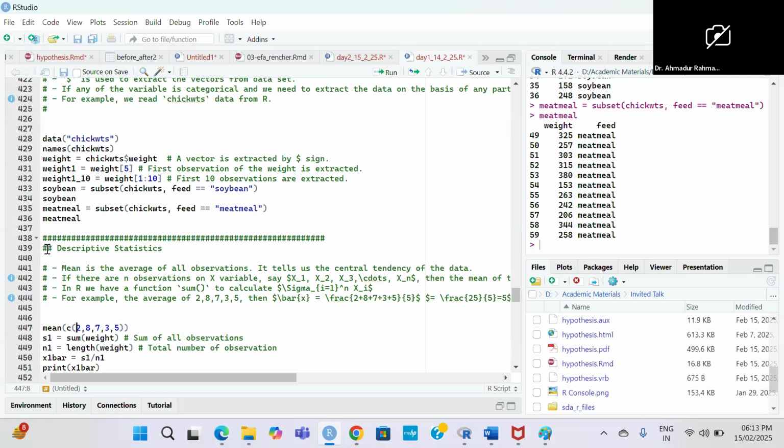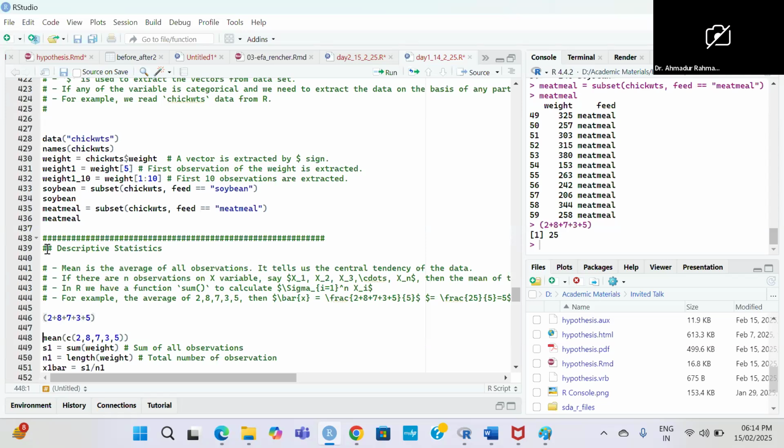Just suppose we want to calculate the mean of 2, 8, 7, 3, 5. We write 2 plus 8 plus 7 plus 3 plus 5, and we see the result is 25.